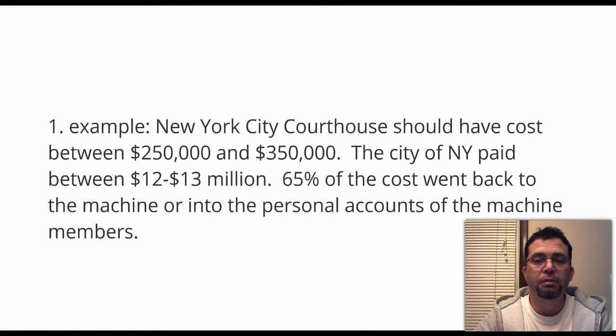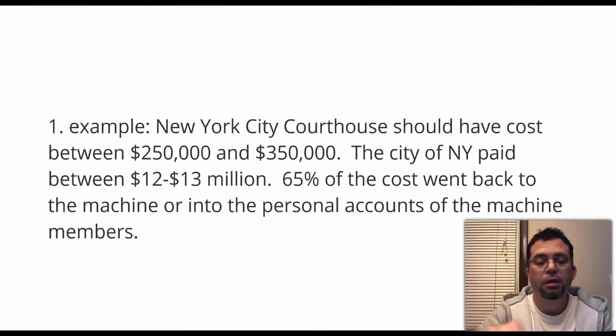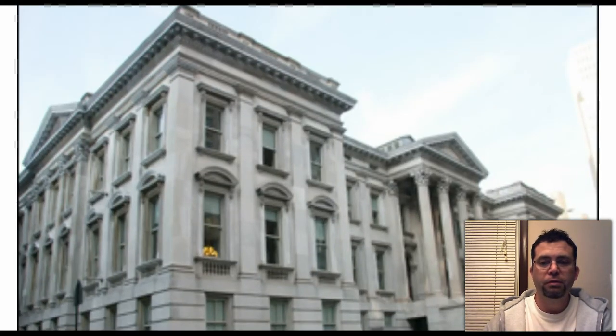But by the time it's all done, the taxpayers of New York City ended up paying $12 million to $13 million for this courthouse. So where did all that extra money go? Well, it went to the pockets of the political bosses. It went to a few politicians that were paid to look the other way. It went to the construction people, basically just padding the pockets of everyone in the political machine. Here's a good picture of the city courthouse, the $12 million courthouse.